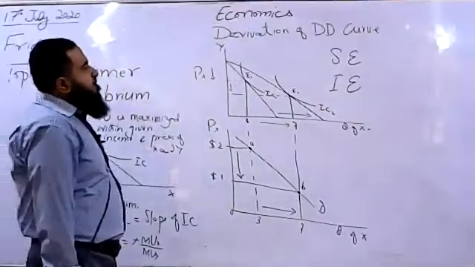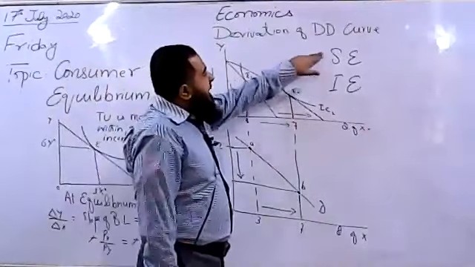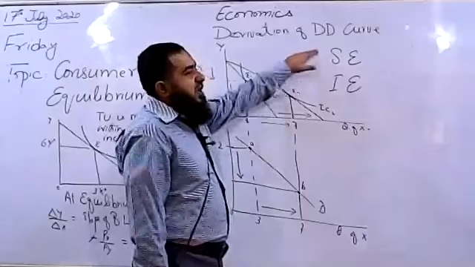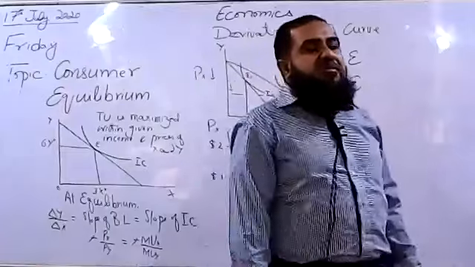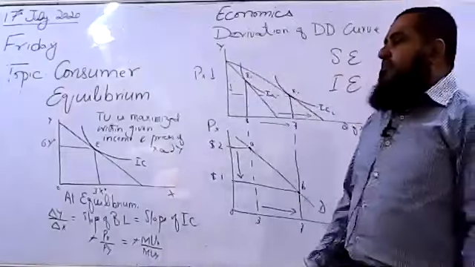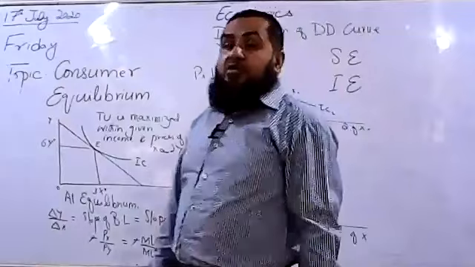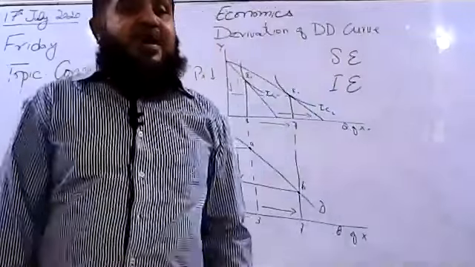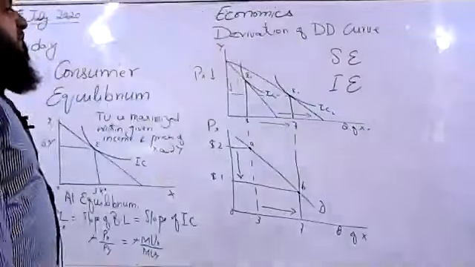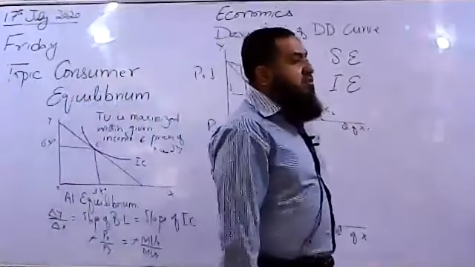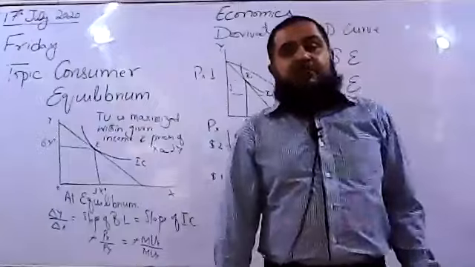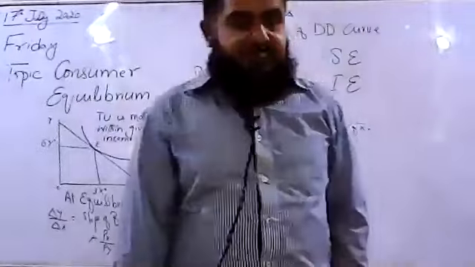We will be studying the substitution and income effects of normal, inferior, and Giffen goods in our next classes. This is the most important area of consumer behavior. If you are able to understand the income and substitution effects of normal and Giffen goods, your consumer analysis will be completed and you will be able to answer any question from this topic.